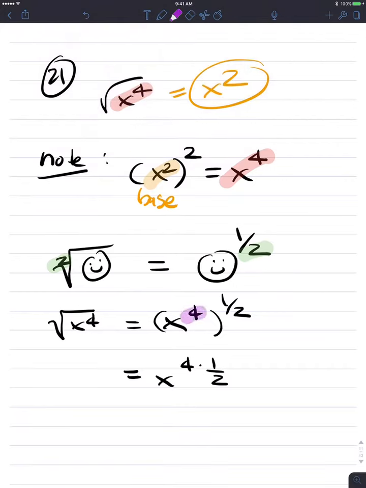My base raised to the fourth power raised to the 1/2 power. I simply multiply my powers. Now 4 times 1/2 is the value 2. Final answer is x squared. We're going to be using this approach to answer some of our questions on our homework.